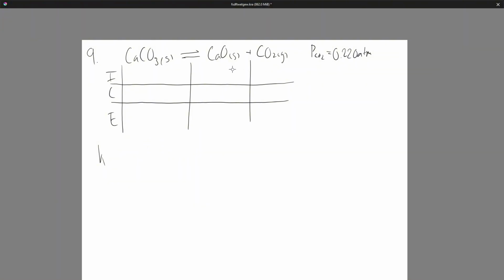We just have initial concentrations of both our solid products and reactants. So we're gonna have to work around that basically. So start off with the initial concentrations.